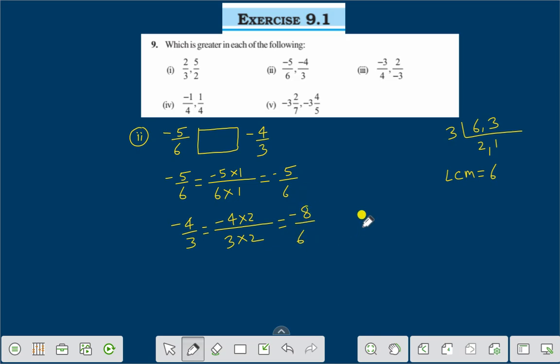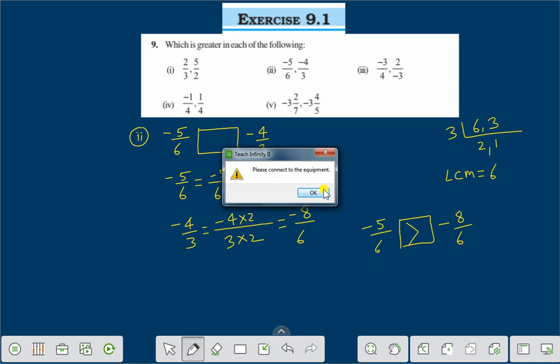If we compare minus 5 by 6 and the number minus 8 by 6, here you see the denominators are the same, and minus 5 is greater than minus 8. Therefore, you can say that minus 5 by 6 is greater than minus 8 by 6.